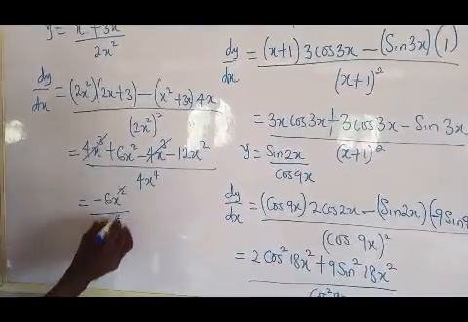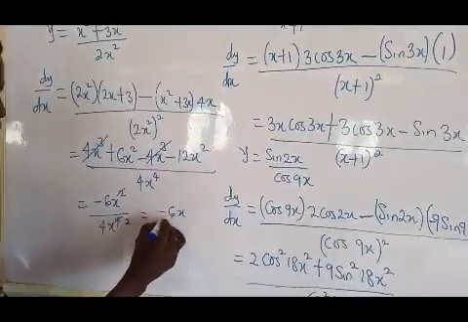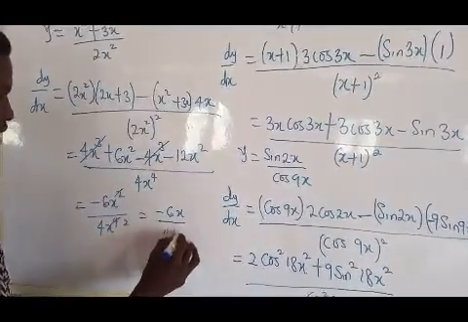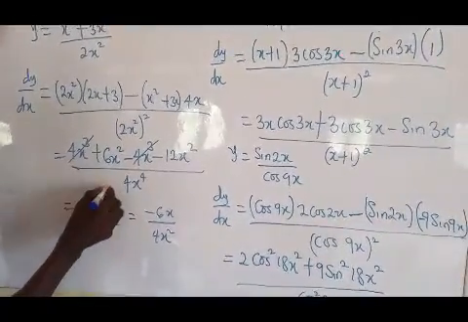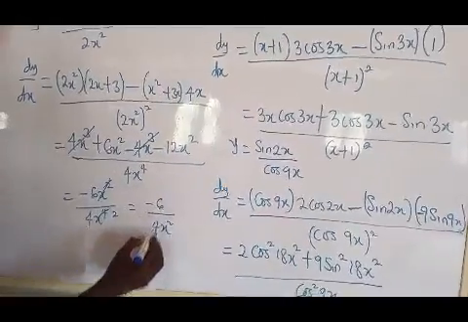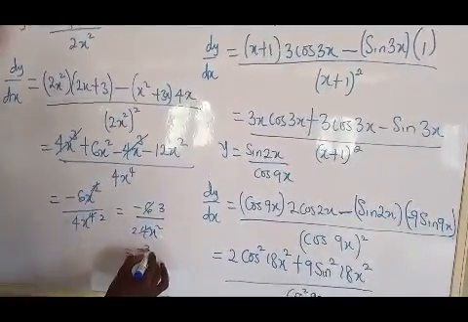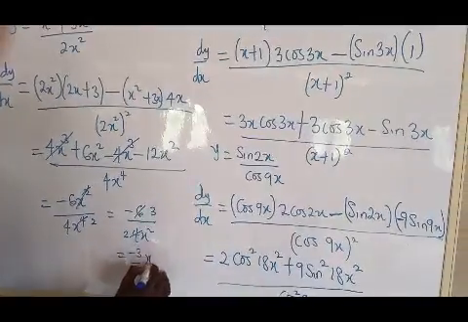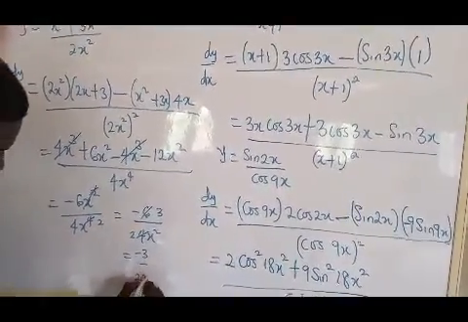So this can cancel this and remain 2, and that will be minus 6x over 4x squared. This has cancelled out, no x here again, so this is only remaining x squared. So this 2 can go here 3, 2 can go here 2, and that's minus 3 over 2x squared.